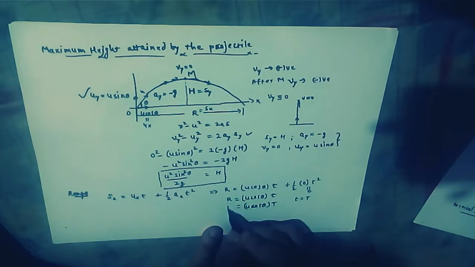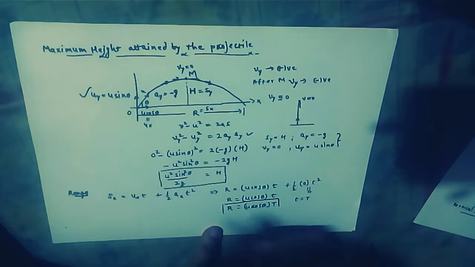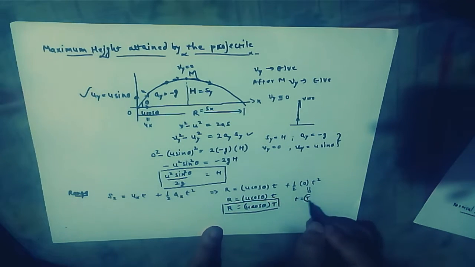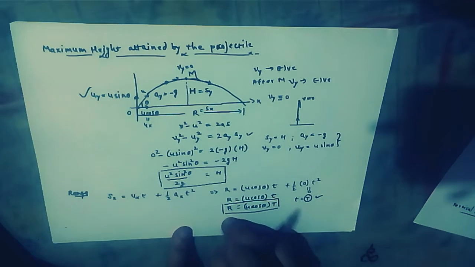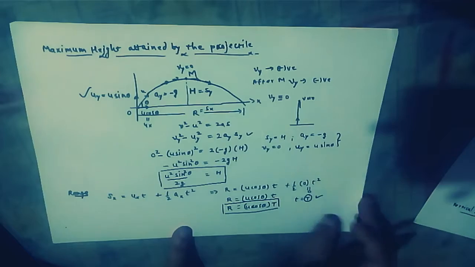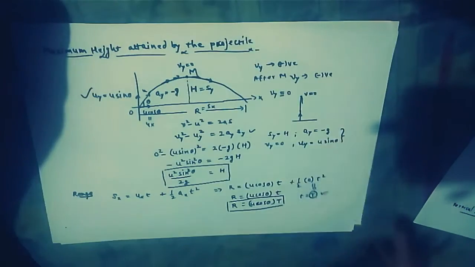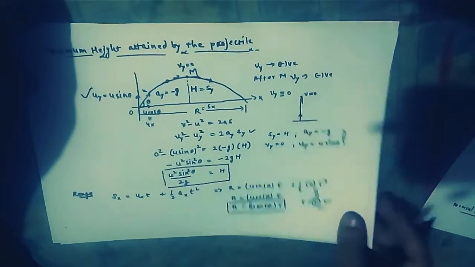For the time being, we will hold it here, and after finding the value of this total time capital T, we will put that value here, and then we will try to find out the maximum R. But for that, we have to find out capital T. So that is the time of flight of a projectile we have to find out.